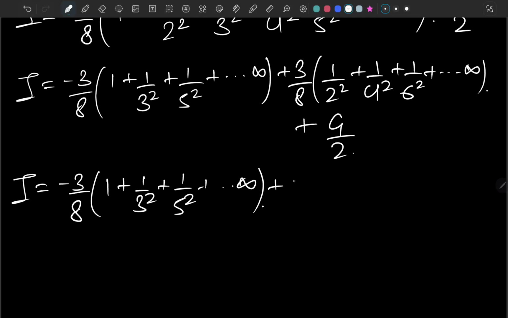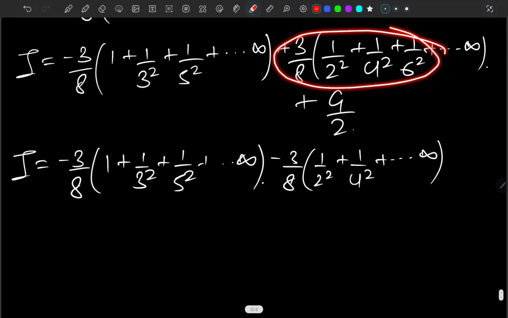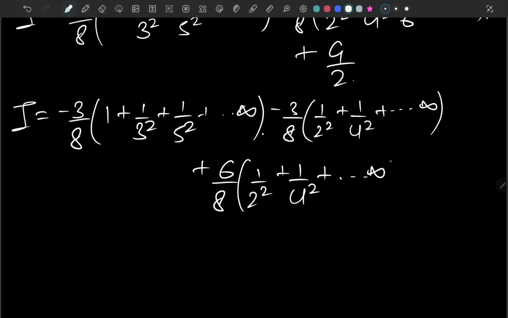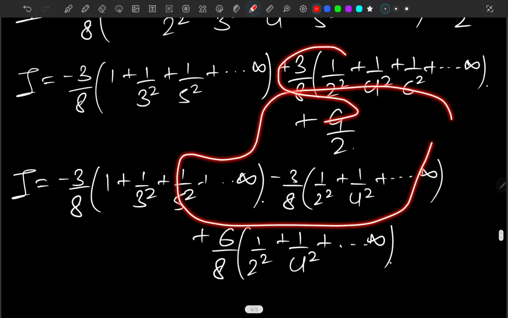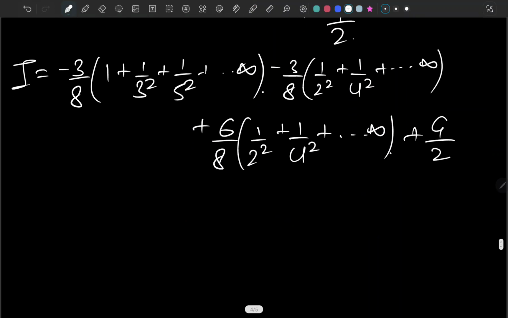We can write this as negative 3 over 8 times 1 over 2 squared, 1 over 4 squared, dot dot dot to infinity. And in order to get this result back, I have to add this with a 6 over 8 factor of this same sum, because when you solve these two things, you're going to have this result only. Why I did that, you will get to know in a while, don't worry.